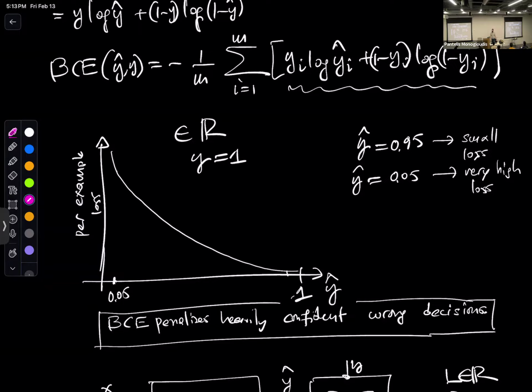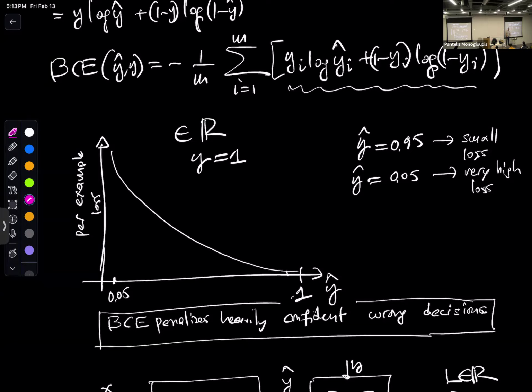In the case of binary classification, how much am I paying? That is my per example loss. This is what I'm plotting here.